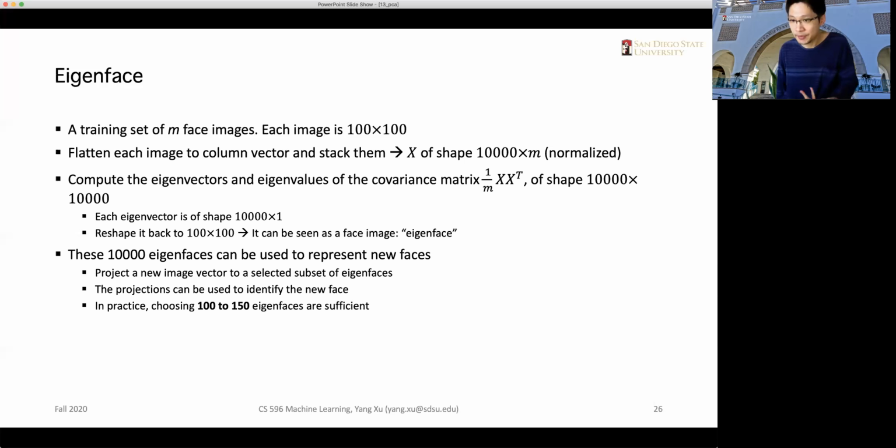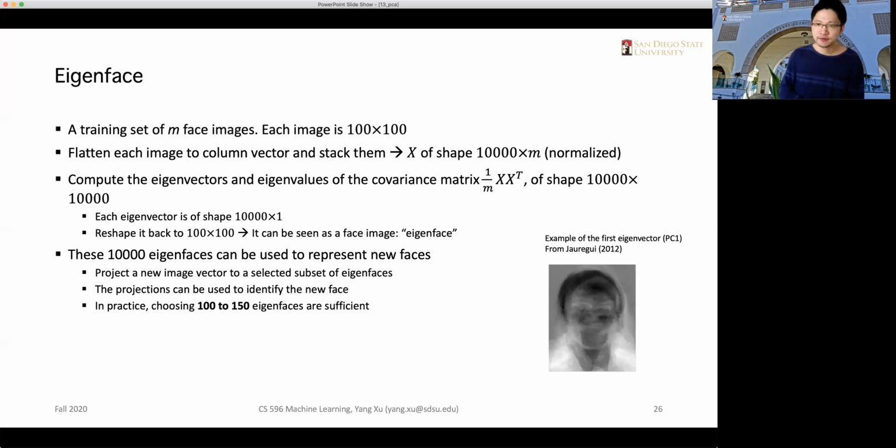So that is the amazing part of this method, because we reduce the dimensions from 10,000 to only 100, which saves us a huge amount of computation time, right? So if you visualize the first eigenface in the face dataset, it looks like this.